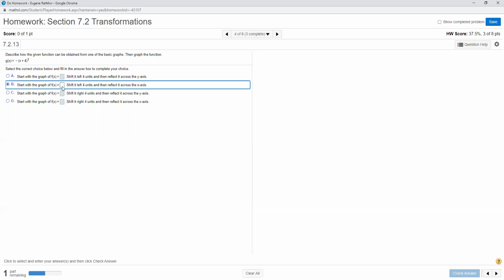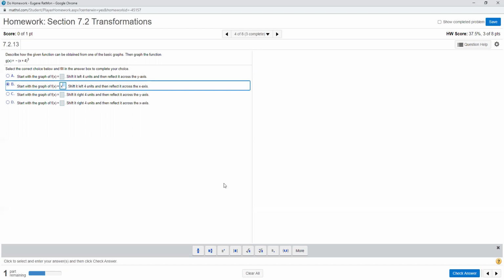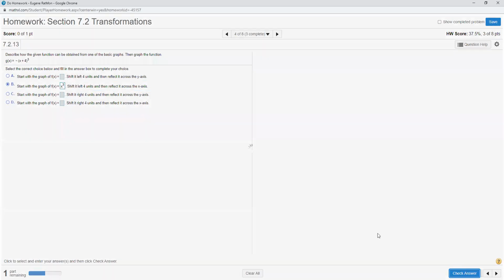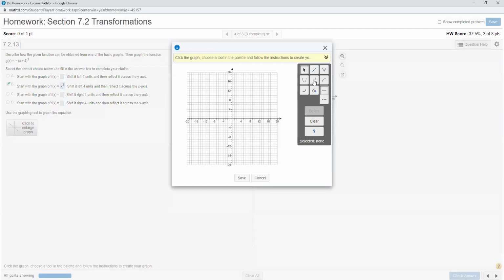Yes. And remember, this basic graph is x to the 3rd power because you see that exponent 3, okay? All right, so remember, reflect x, left 4, we would check that answer. And then it's going to come in and want me to graph that. So since this is the x3rd graph, x cubes, use this cubing tool.